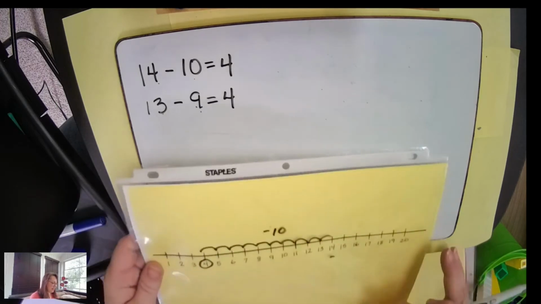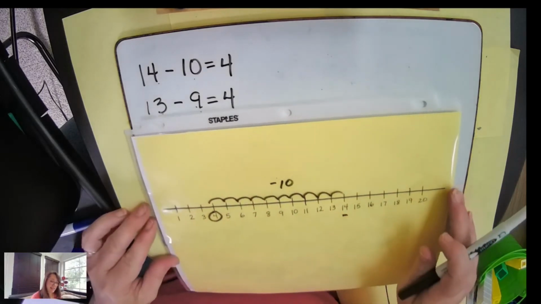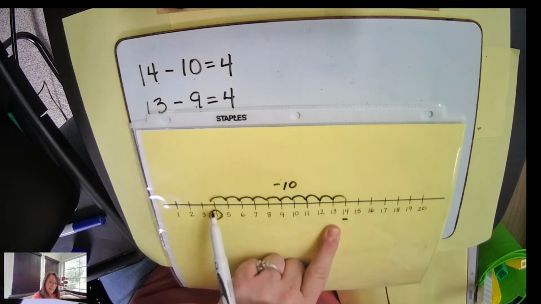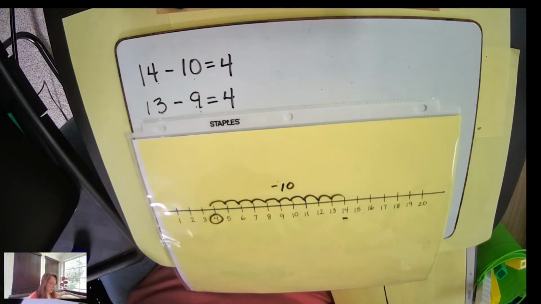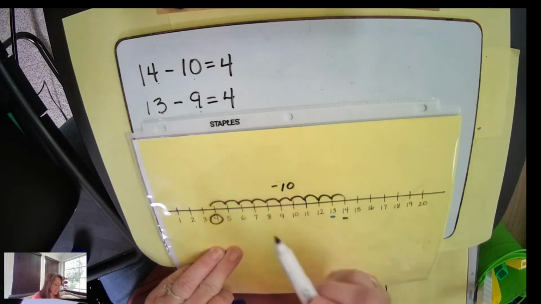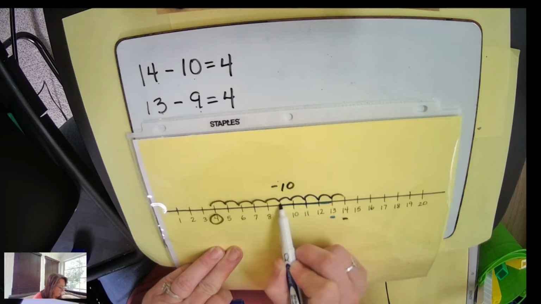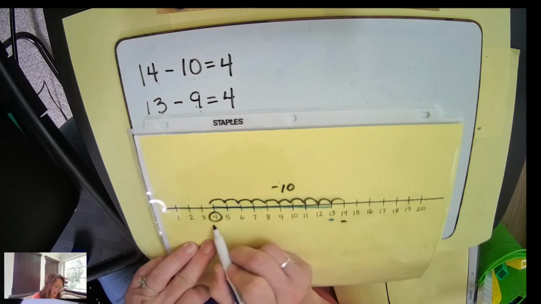Let's look back at the number line that we used for 14 minus 10. Here we had 14 and we subtracted 10 and we came to the answer 4. Now in this second problem, we start with 13 and we subtract 9, 1, 2, 3, 4, 5, 6, 7, 8, 9.